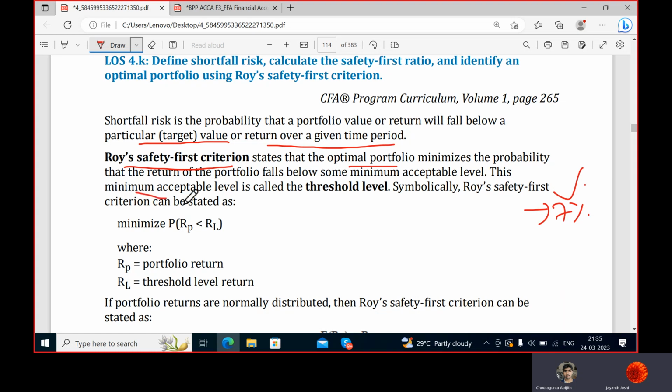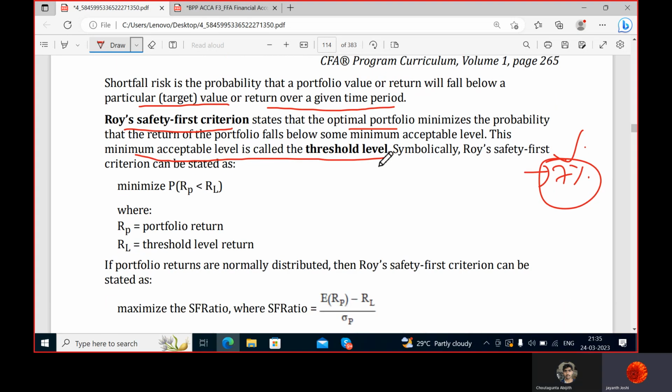This minimum acceptable level is called the threshold level. So what Roy's safety first criterion does is minimize the probability of shortfall risk. That means your target return is not achieving the threshold level.